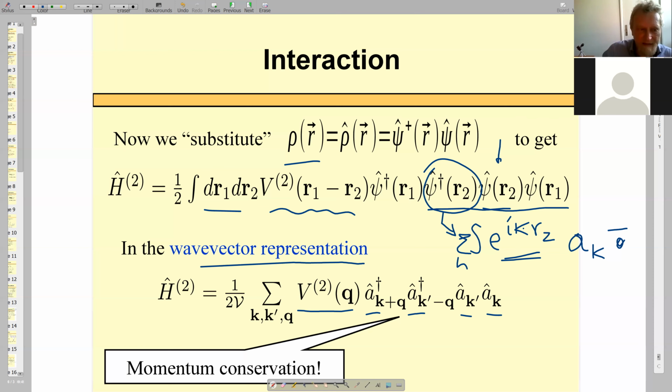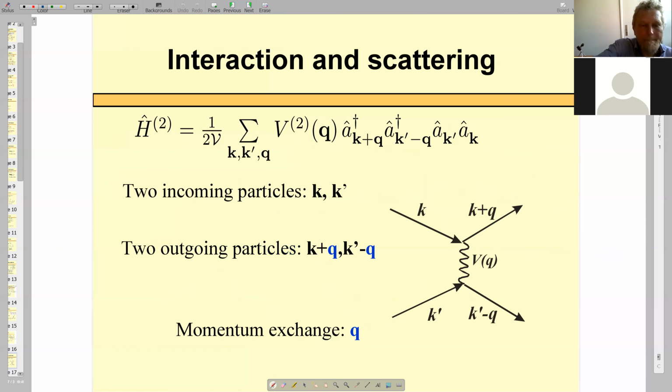Here is the kind of diagram I draw. How to understand this term, memorize it, how to draw it. This can be regarded as a term which scatters particles with certain k vectors. Suppose initially we have a state with two such particles, k and k prime.